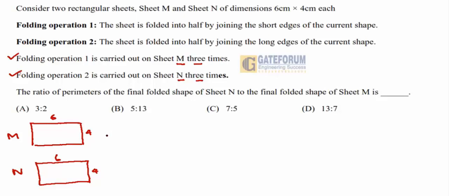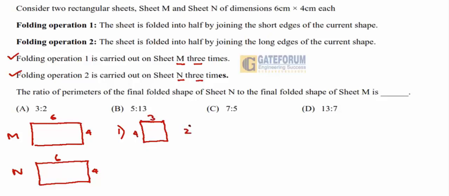You see, we have found out that for sheet M, folding operation 1 is to be done thrice. Folding operation 1 means the short edges are to be joined. So after the first folding operation, this sheet would look somewhat like this, with this as 3 and this as 4.